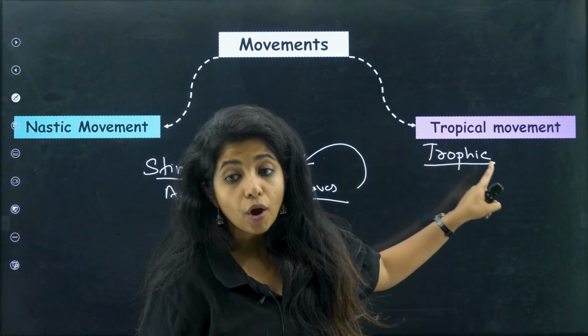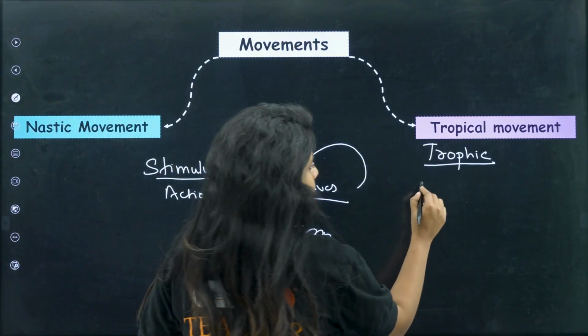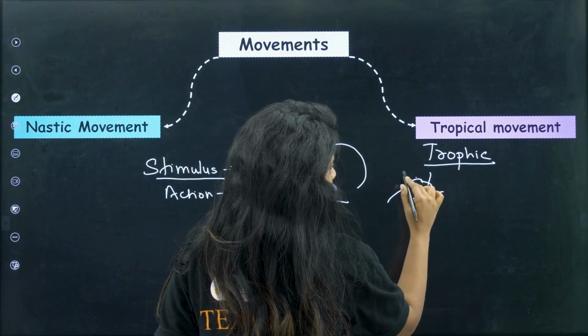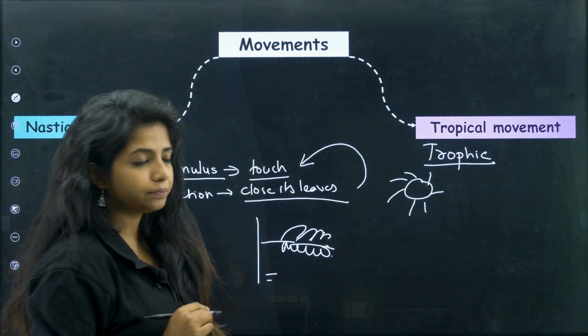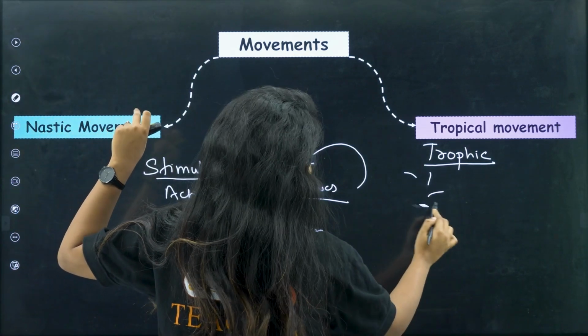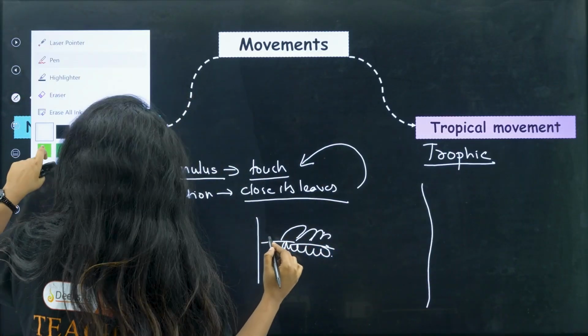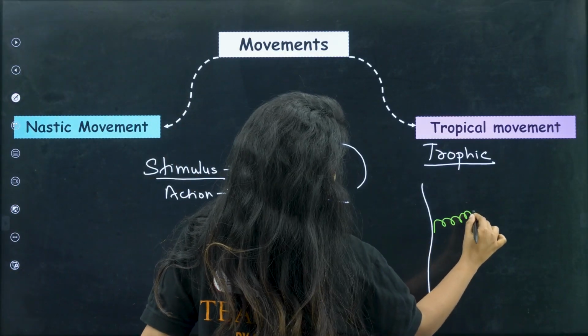But when you talk about tropic movements, things are quite different there. How is it different? Probably I will give you an example of touch only. Just imagine there is a plant like this which has tendrils like this.